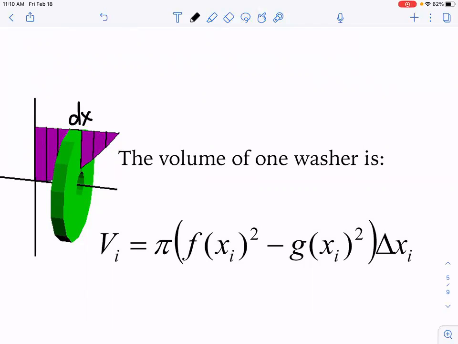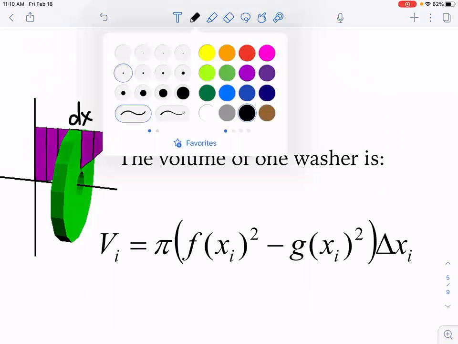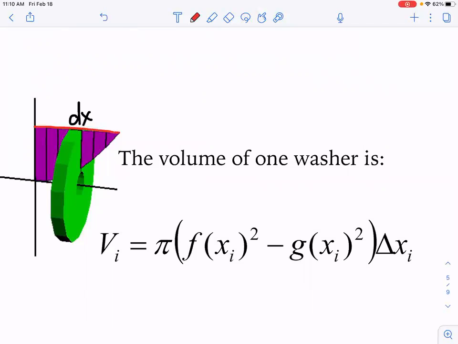Again, this isn't something that we need to write down quite yet. Okay. And if we look at this function here, or this region, this top function, if we call it f of x, and this bottom function, if we call it g of x, okay, f of x to the x-axis would be our big radius. G of x to the x-axis would be our small radius.